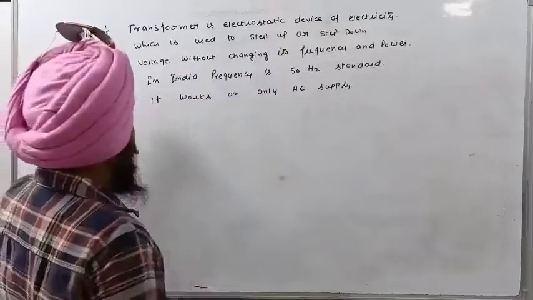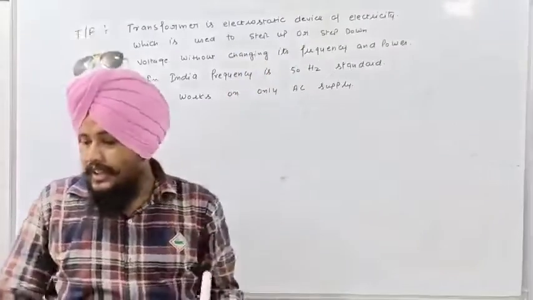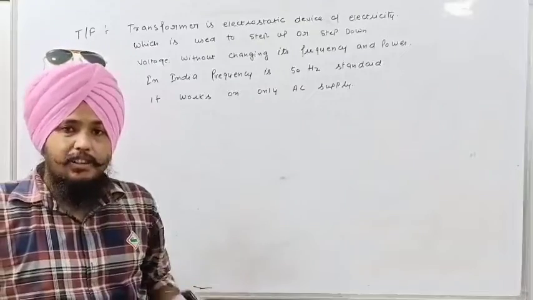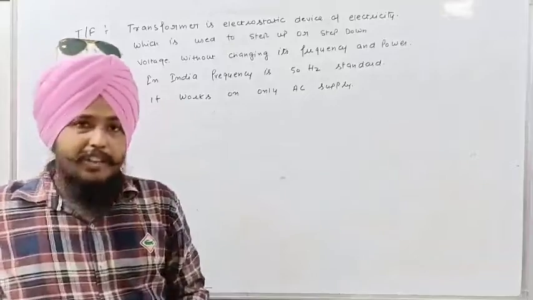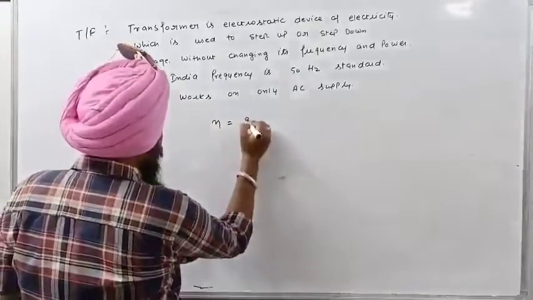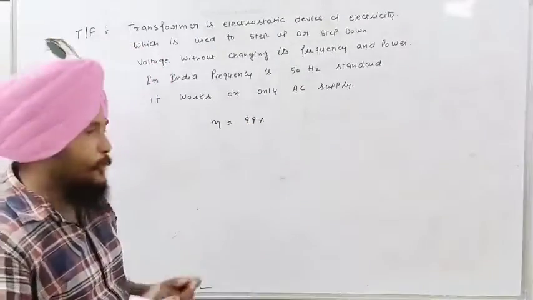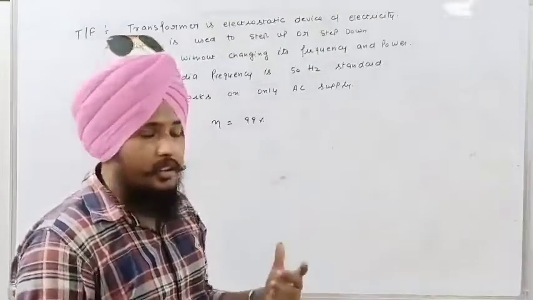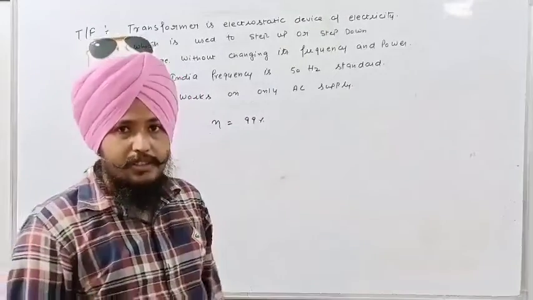First of all, the definition, I repeat: it is an electrostatic device of electricity. It means it has no moving parts, so it has low losses. Losses are low in the case of a transformer. In many cases a transformer can give efficiency up to 99% in a controlled environment, meaning at room temperature, using superconductors.